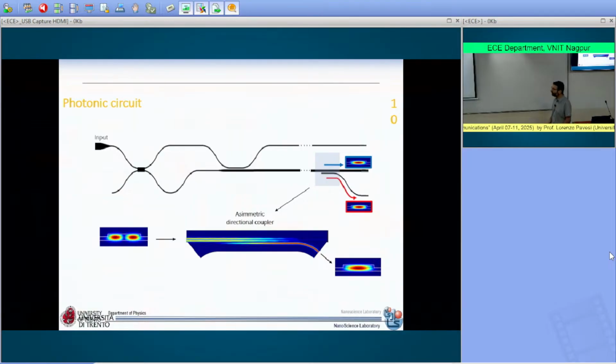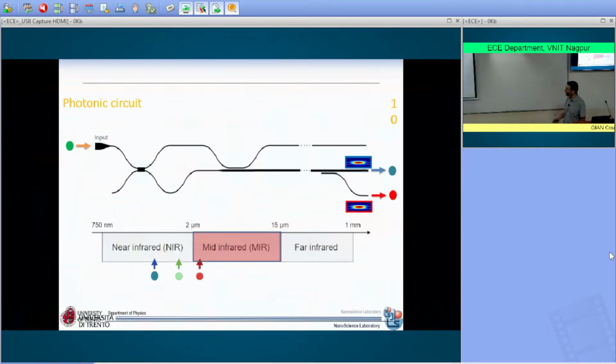Then you use another directional coupler that converts the second order mode into the first order mode. And so at the output of the waveguide, we have the two entangled photons that are physically separated, and therefore you can do whatever you want with this pair of photons, and one of the two is in the mid-infrared and the other one is in the near-infrared.